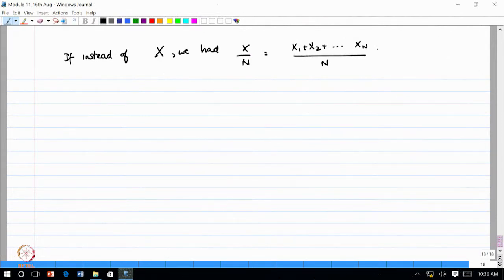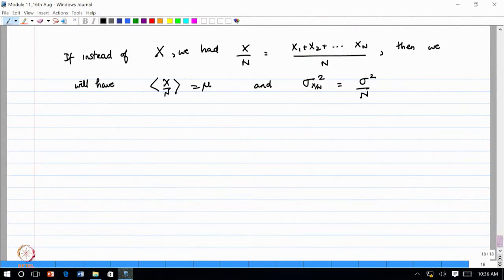So, if instead of x we had x by n, equal to x1 plus x2 plus up to xn by n, we will have average value of x by n equal to mu, and sigma of x by n square equal to sigma square divided by n.